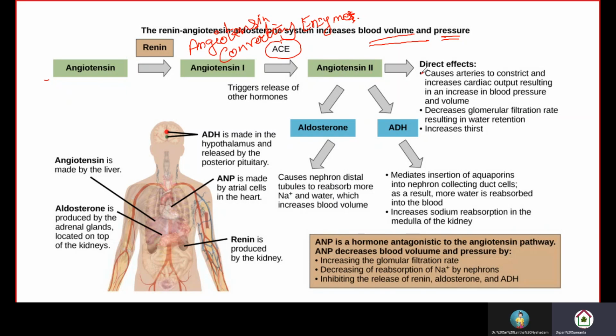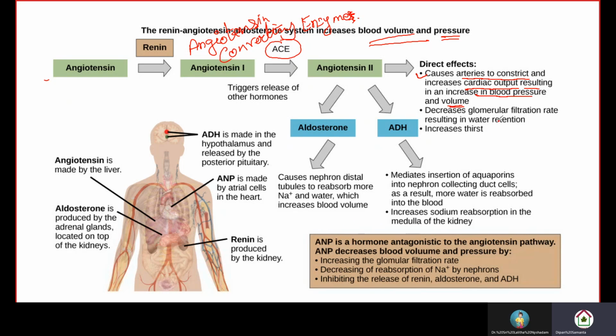In the presence of ACE, it becomes angiotensin 2. Now, direct effects. Number one, it causes arteries to constrict, increases cardiac output, resulting in an increase in blood pressure and volume. So why does cardiac output increase? Because constriction of arteries occurs, and if constriction of arteries occurs, there will be more flow of blood, and cardiac output will increase.